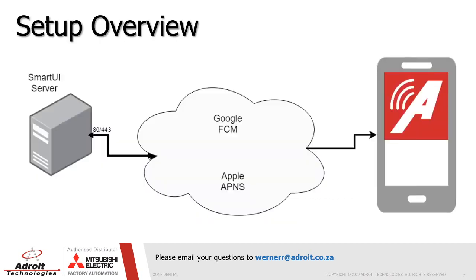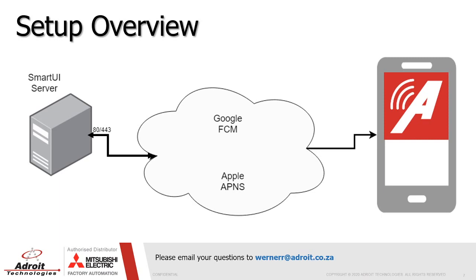So as far as the IT infrastructure goes, you basically just have your SmartUI server that needs to have access to the internet for this to work. We just communicate through your HTTP ports out onto the internet. What we've done to try and help the safety and security of the system is that the SmartUI server is always the one initiating the communication to the internet.